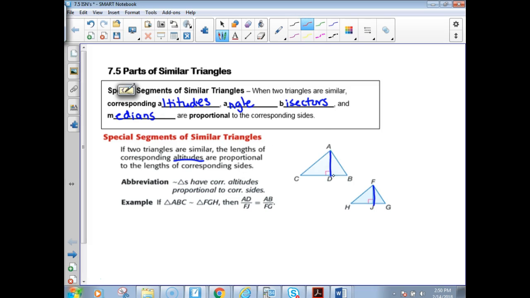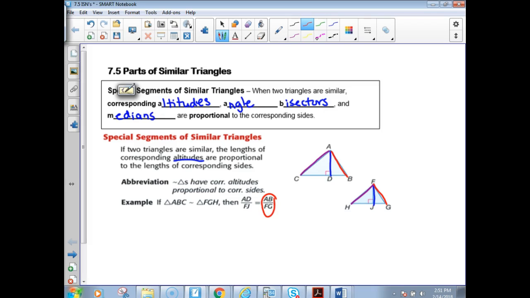So the corresponding sides are AB and FG, but it might have been AC and FH. Those also are corresponding sides, right? So this statement said that in this diagram, AD, the altitude, is to the other altitude, FJ, as AB, the red segment, is to FG, the red segment. So they use those two sides.